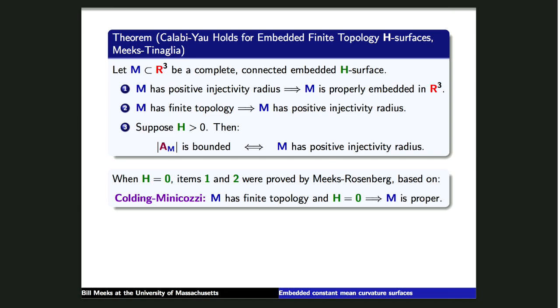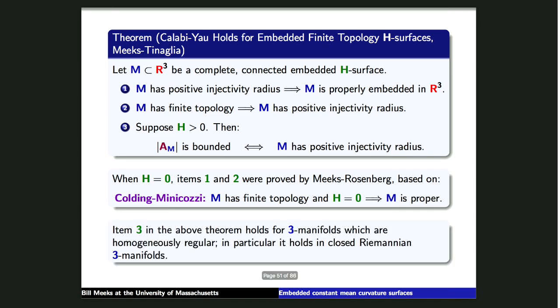So finite topology, minimal, complete and embedded, then it's always proper. And what's interesting is there are remnants. This somehow continues to hold in manifolds with bounded geometry, like a closed Riemannian 3-manifold. So you have to understand that. But very important, the injectivity radius is positive.